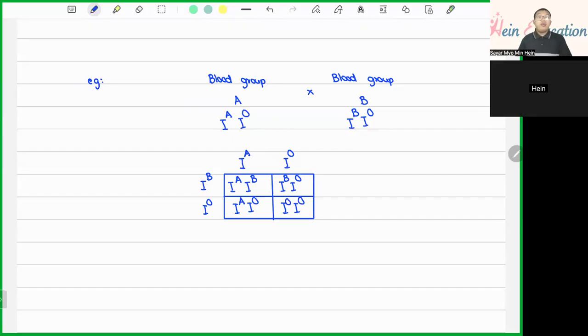From this example, we can see that a mother of blood group A and a father with blood group B can produce an offspring with blood group O, since both of them can be heterozygous and they may give birth to an O blood baby, or O blood children.